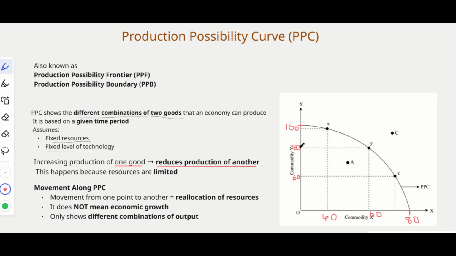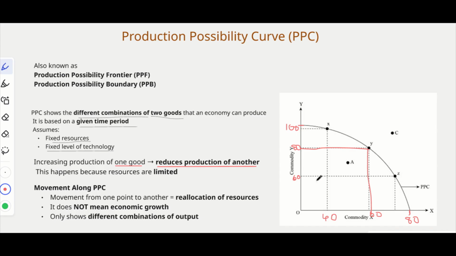So I decided to produce 80 units of commodity Y. So this will be the point, right? And then how many quantities of X can I produce? Around 60, right? Only 60. Is it clear? So this will be the quantity.